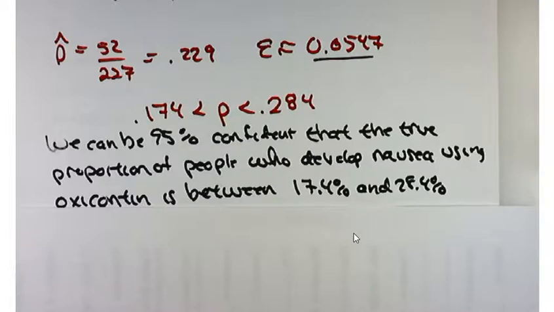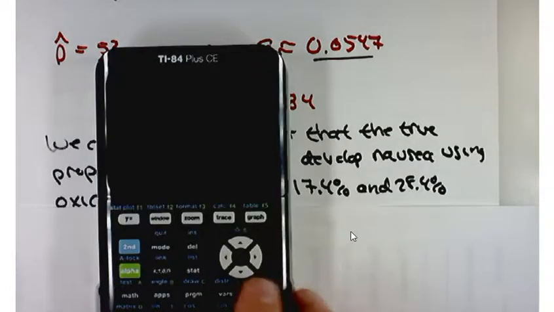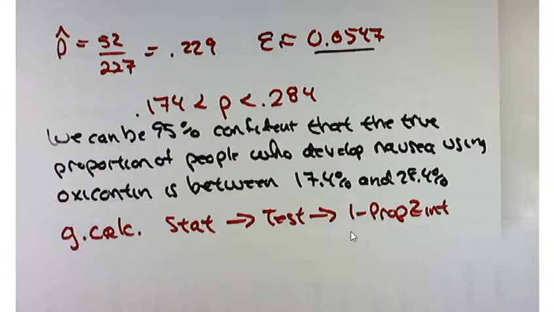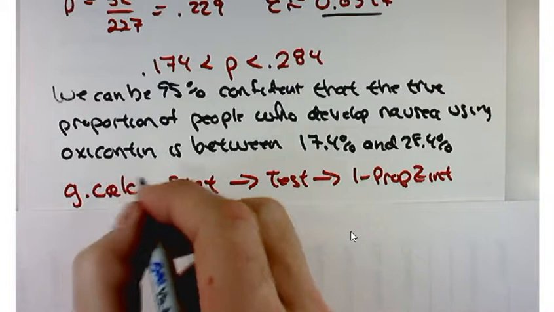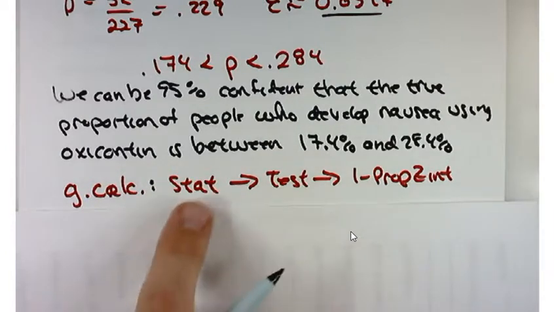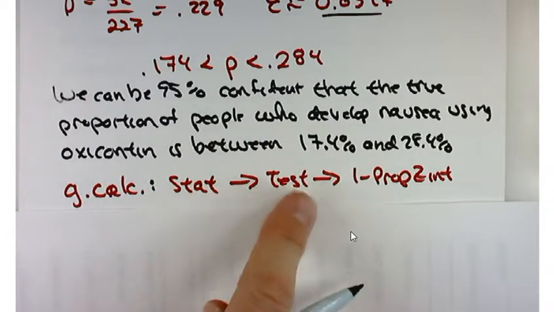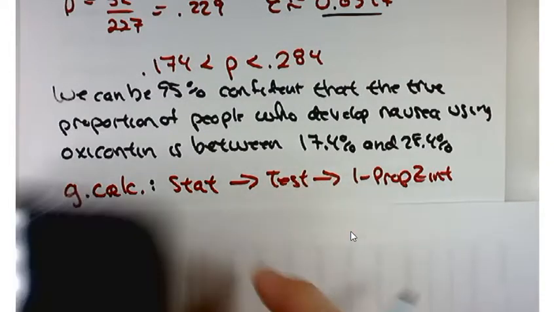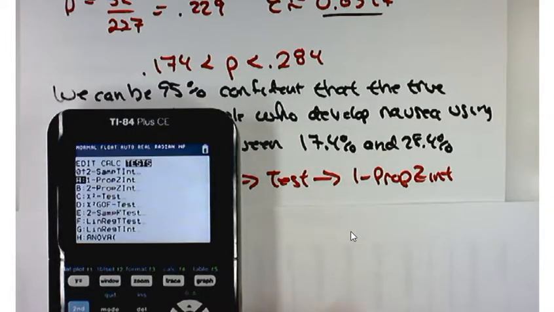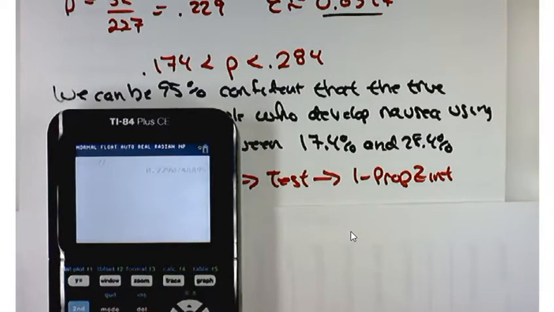Now, there is another way to get this. For those of you who have a graphing calculator, you can do it with the graphing calculator as well, and it's just as convenient as it is with Statistic. So you're going to press the stat key, then the test key, and then scroll down to one prop Z interval. It's a little ways down to get to that last one, but let me start from afresh.